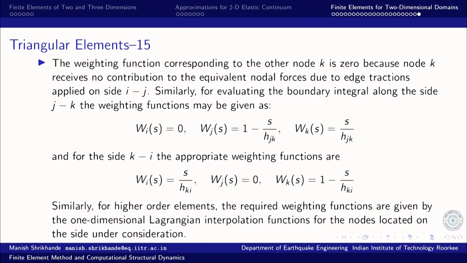So, the weighting function corresponding to the other node k is 0, because node k receives no contribution from the equivalent nodal forces due to edge traction, because edge tractions are only coming on the nodes I j. So, the other node does not really matter.